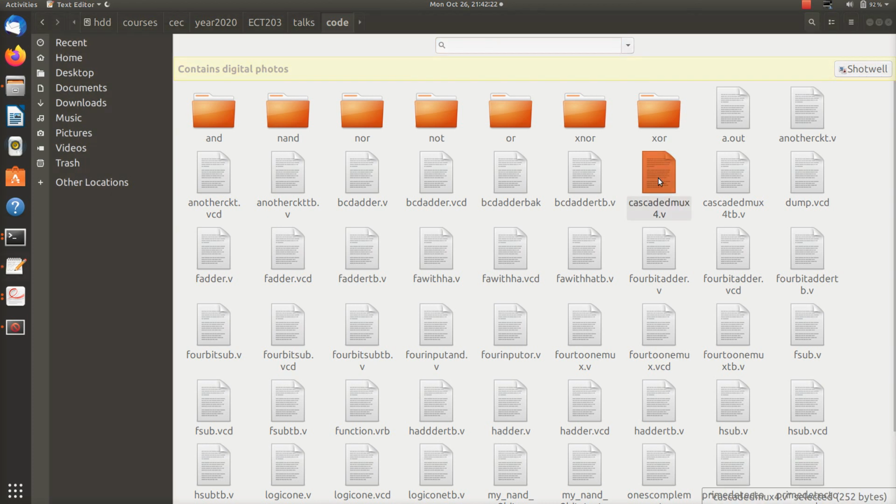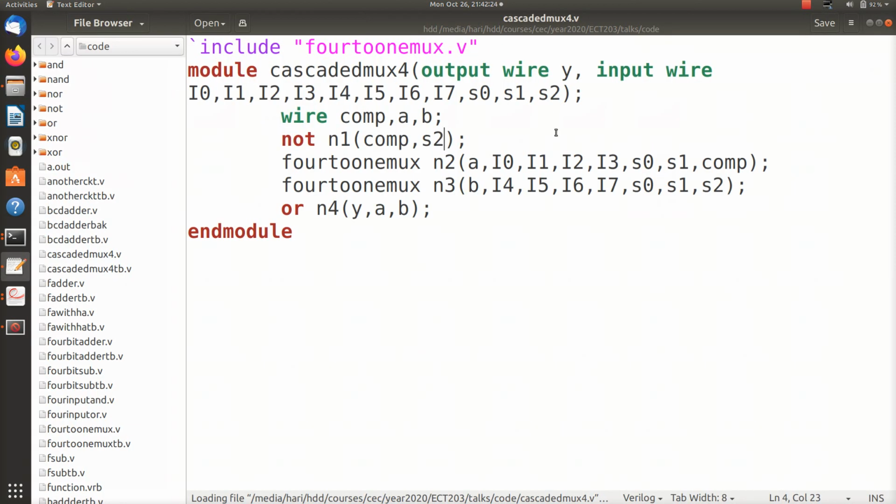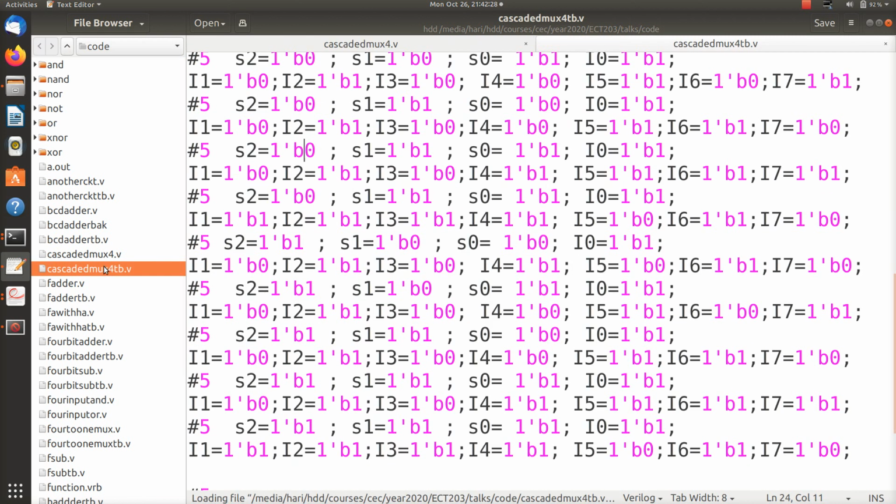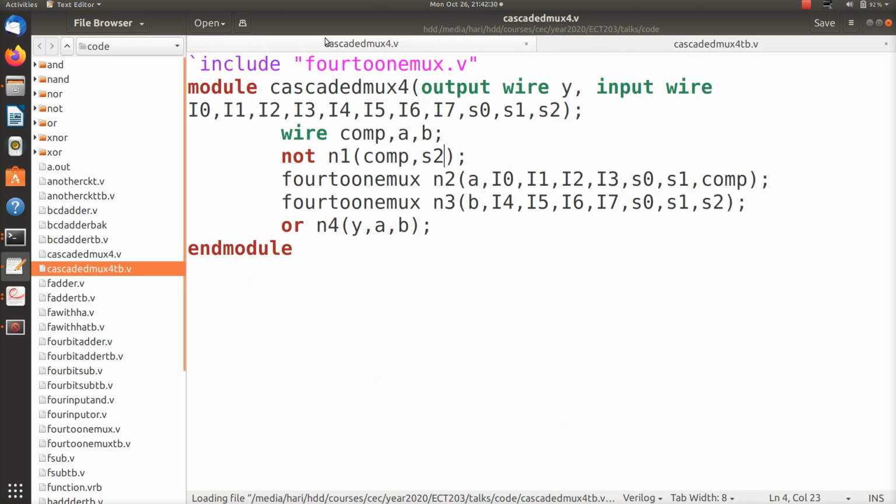Yeah, this is a cascaded mux 4, and here I include the 4:1 multiplexer I made earlier. So I need a 4:1 multiplexer block for this. So here I include a 4:1 mux. This I made in the previous classes.